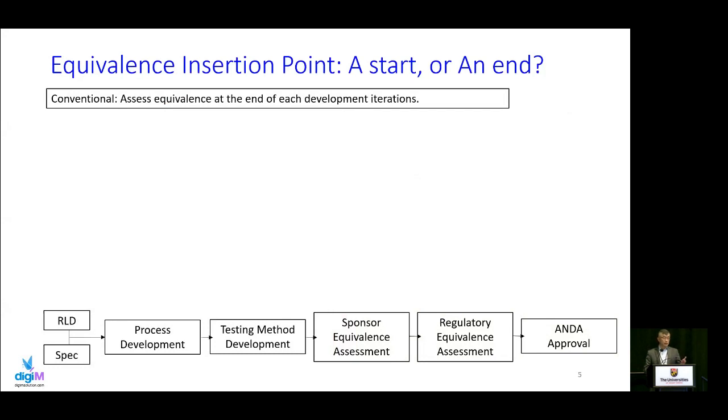If you look at the development process, apologies for the oversimplification, we know there are a lot more than just 5 steps. But in general: process and formulation development, testing method development, then assessing equivalence internally from the sponsor standpoint, then regulatory equivalence assessment, all the way to approval.